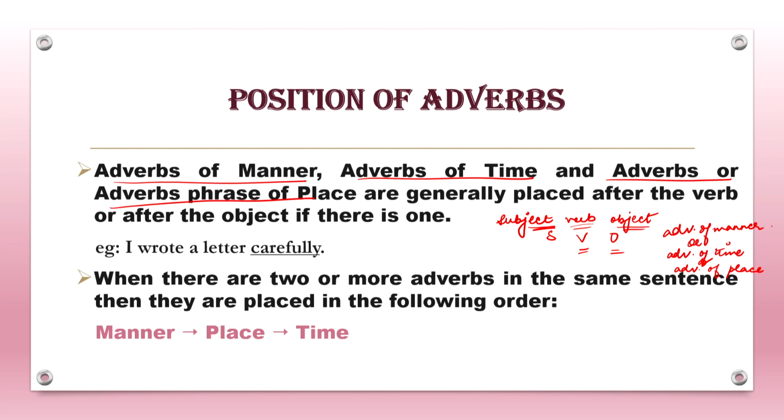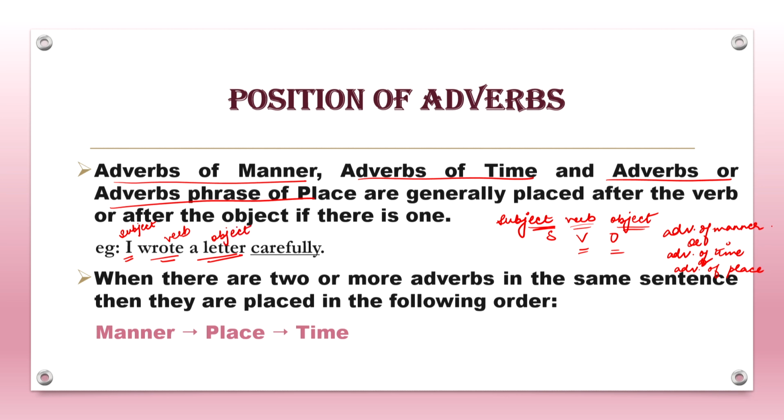So, in general, the following format is used: subject, verb and object, and after that comes your adverb of manner or adverb of time or adverb of place. For example, I wrote a letter carefully. So, I is your subject, wrote is your verb and letter is your object.